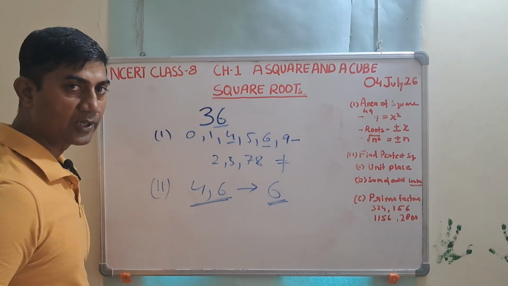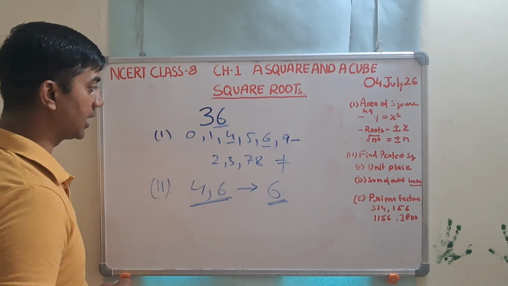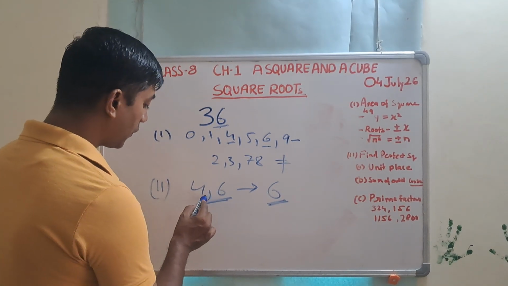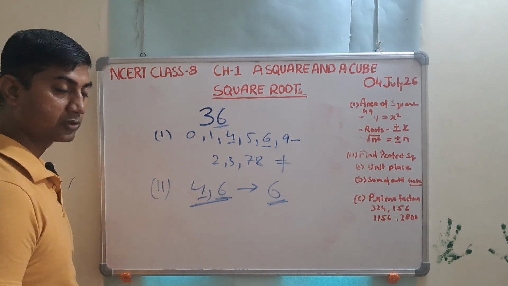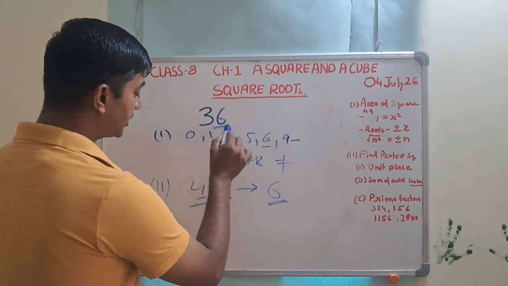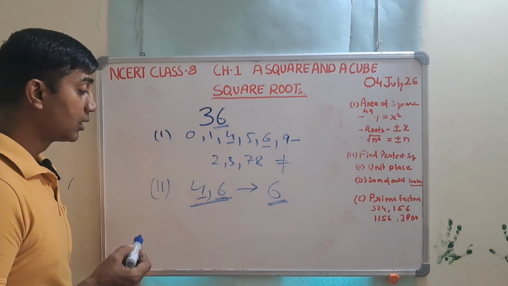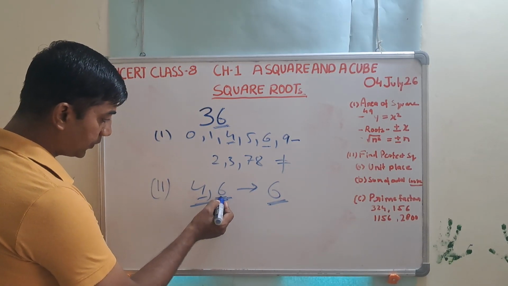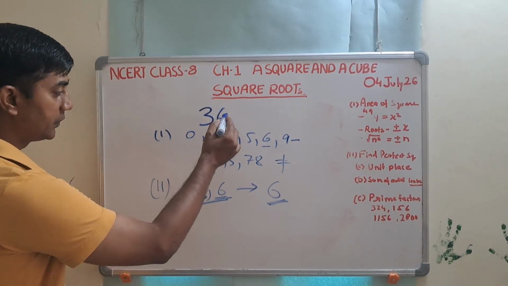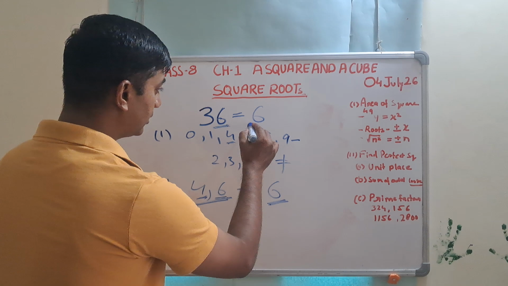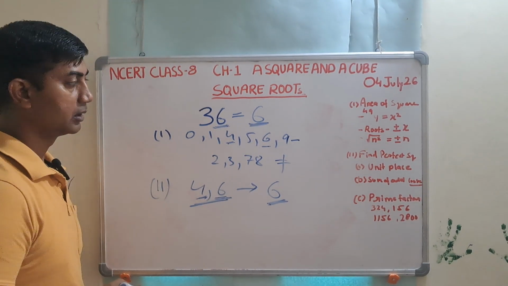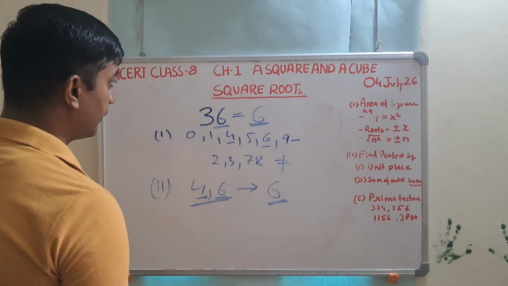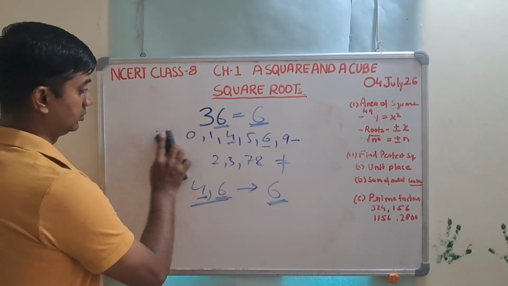If this number is a perfect square, then definitely the square root will have either 4 or 6 at its unit place. Since we know the answer, it is 6. This is a way to identify the square root.